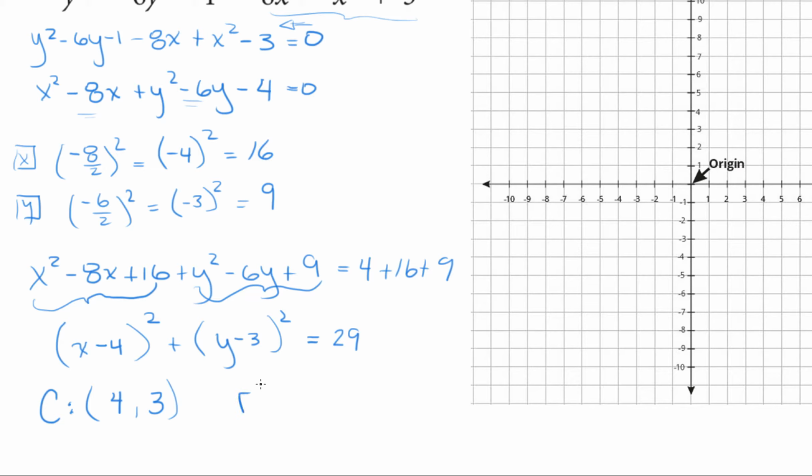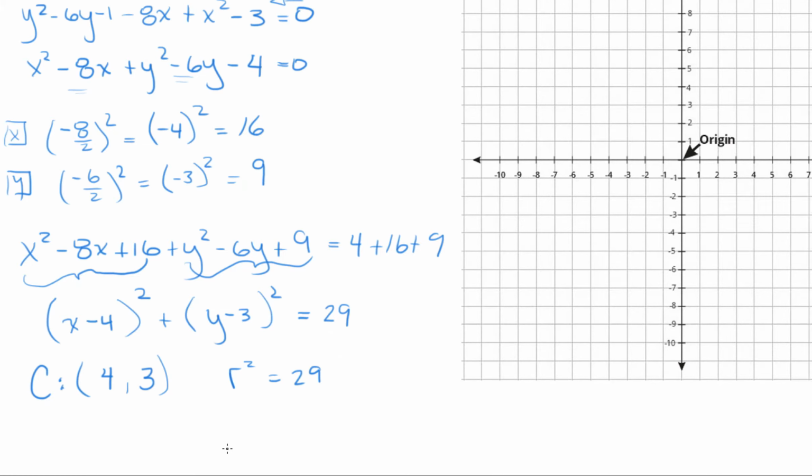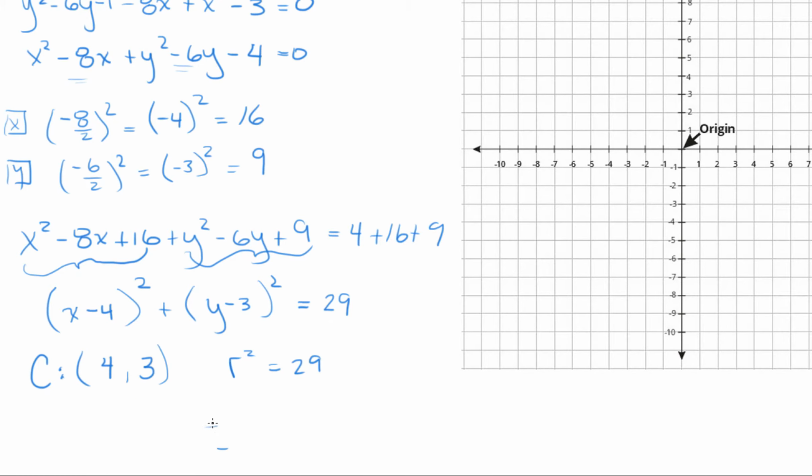Then, since r squared equals 29, r equals radical 29, which is approximately 5.38. And the reason I want the approximation is to be able to graph it.